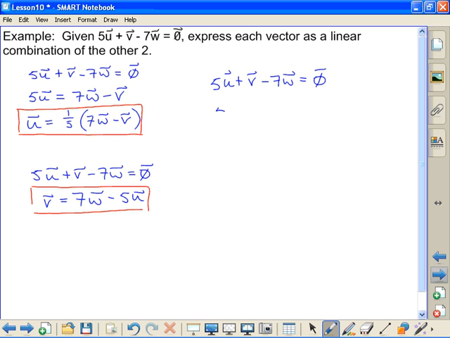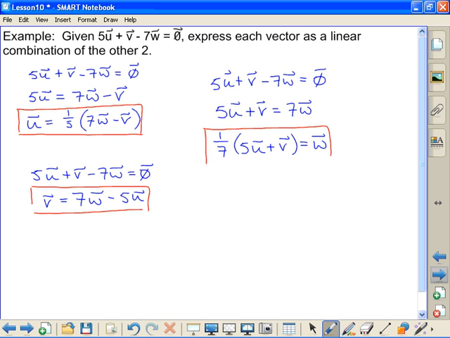I'm going to move 7W to the other side by itself. And then same thing, divide by 7 is the same as multiplying by a seventh. And what it does is just a little bit cleaner. You only have one fraction then to worry about. So there you go. That's taking a linear combination expression of vectors, and isolating for each of the variables independently. So nothing new, no catches there.